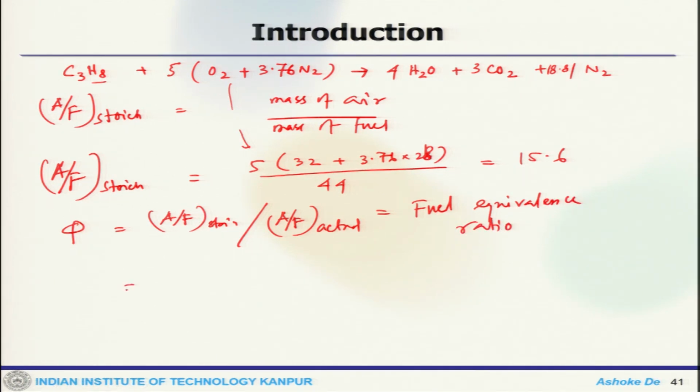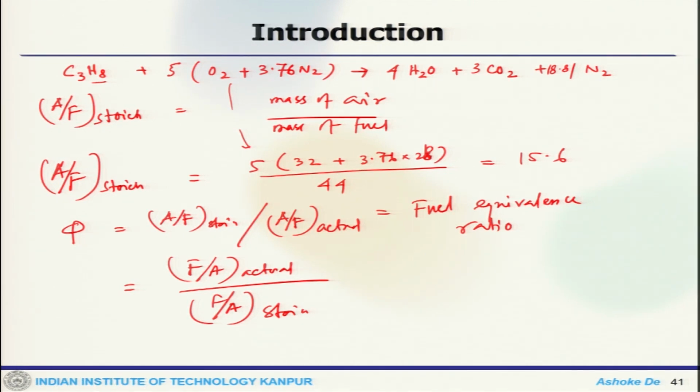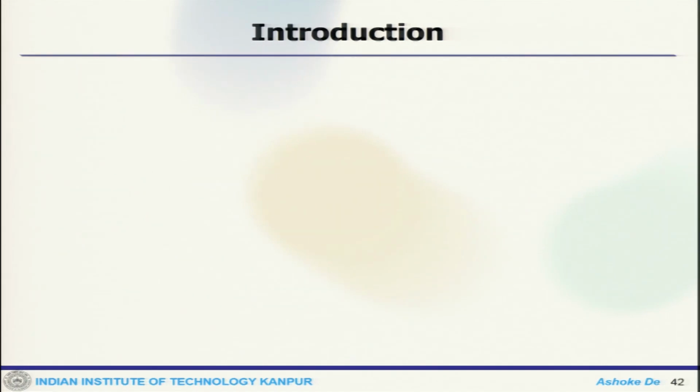Or one can reversely define it as fuel by air actual to fuel by air stoichiometric. That will give you the actual situation, where one can find the equivalence ratio in a premix flame.